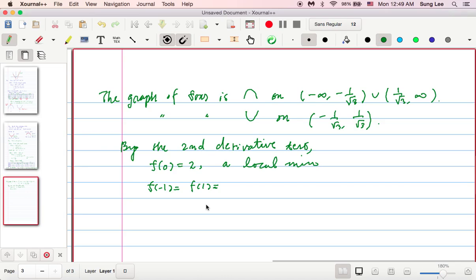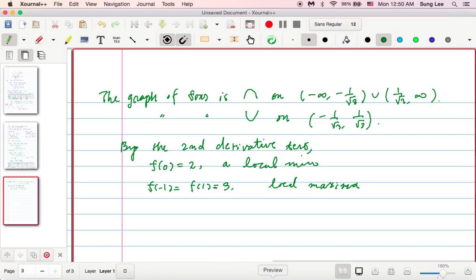So those are two local maximum values, or local maxima. Okay, local maxima.